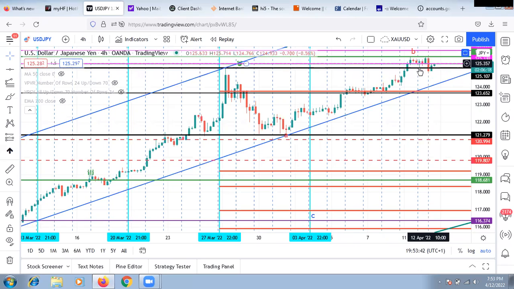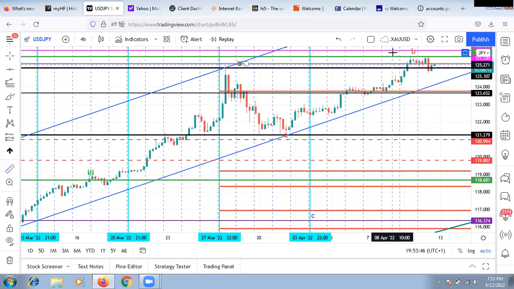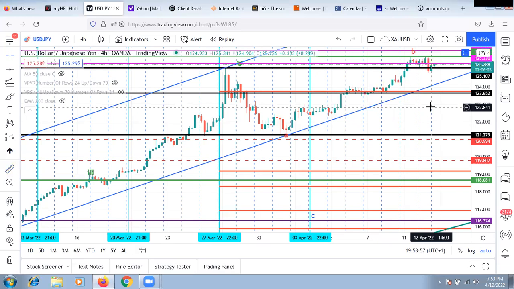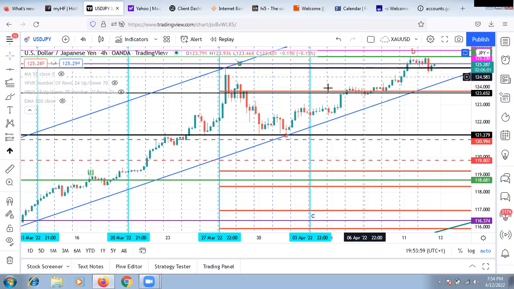The break of this top, how many pips? I don't know. Let me see. From here to this place, it's about 80 something. So we can have like 80 or 100 pips thrust up, and the price is going to come down. Everything is overdone now.